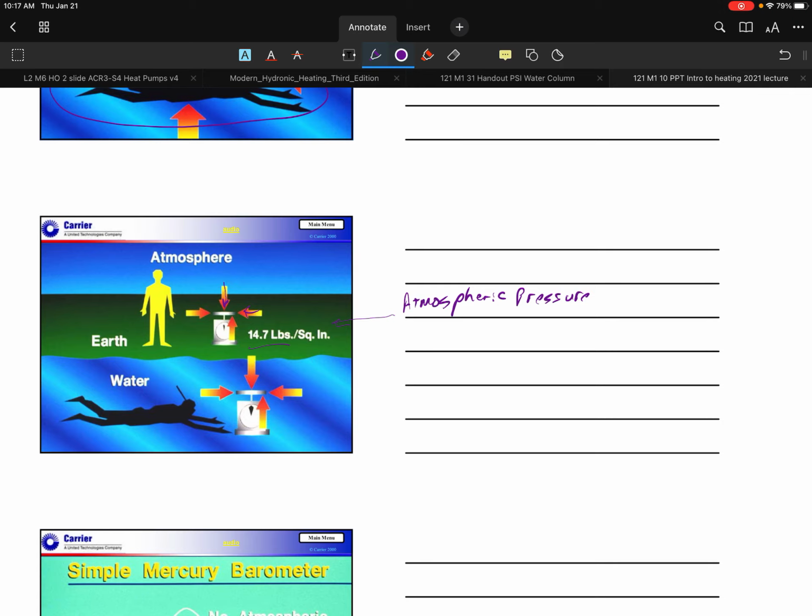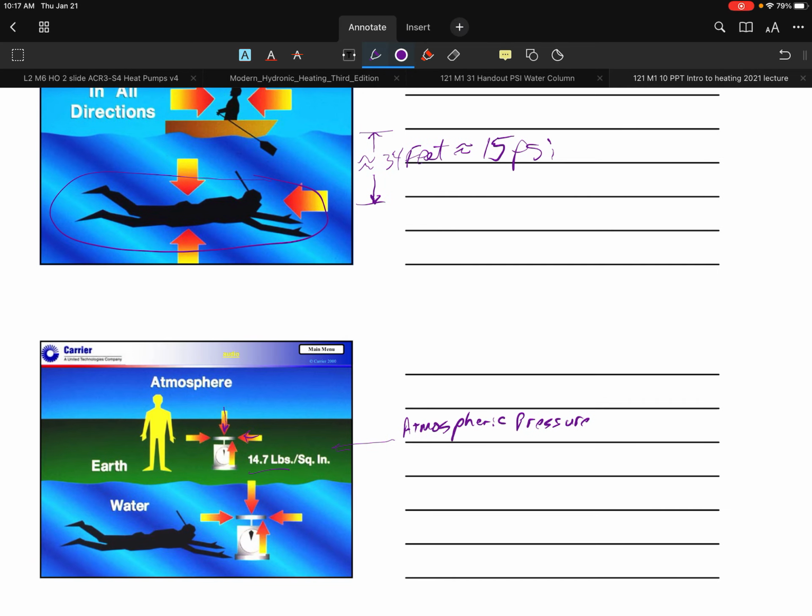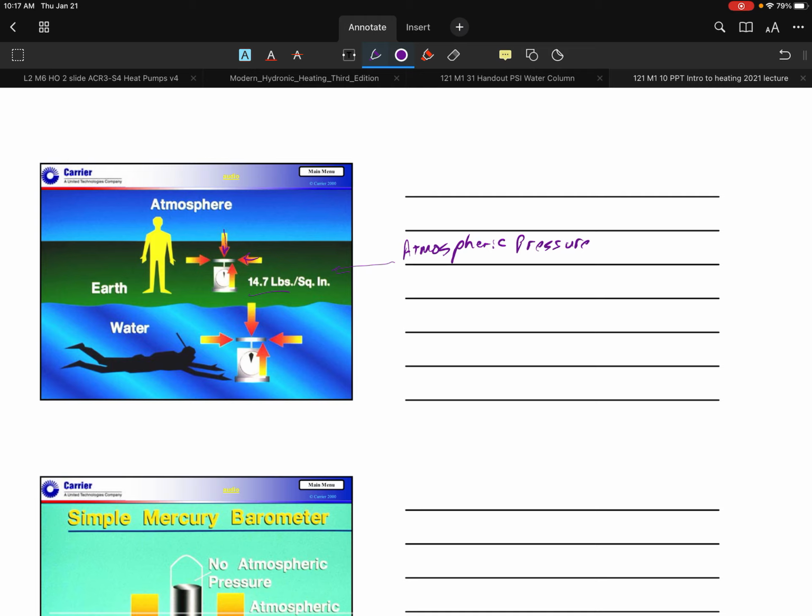The same thing goes with water. In my example here, in liquids, these fluids are pushing in those directions. That means this particular scuba diver has pressure above, below, on the left side, on the right side, all those things. The same thing applies here, and that's really the point that we're trying to deal with.